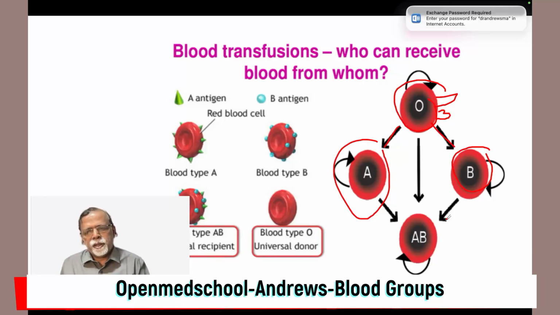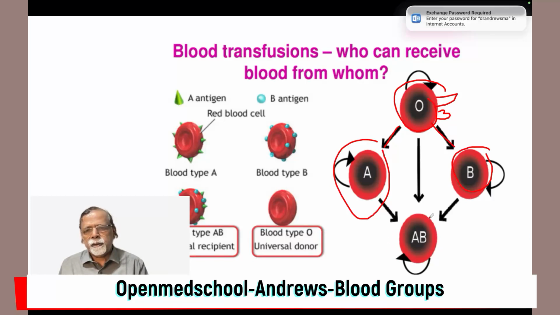Okay, so in an AB patient, when B RBCs are given, as this person's serum or blood doesn't contain anti-B, we can safely give. Same way in an AB positive patient, you can give A RBC because the serum doesn't contain anti-A.